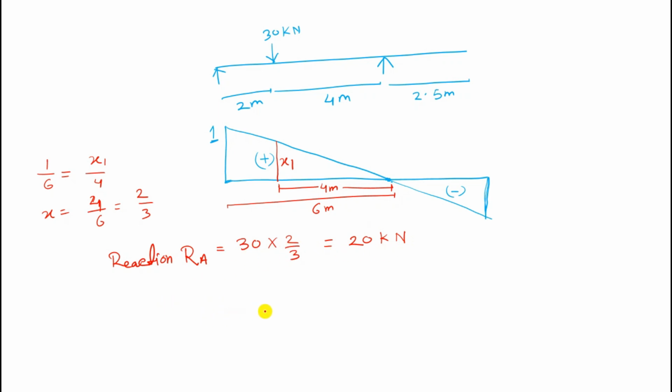Okay. And for the reaction RB, you again draw this beam length, and for the simply supported portion you just draw the influence line diagram. This is the portion of the simply supported beam, and this value is obviously 1. Now for the overhanging beam, you have to extend this line up to this.